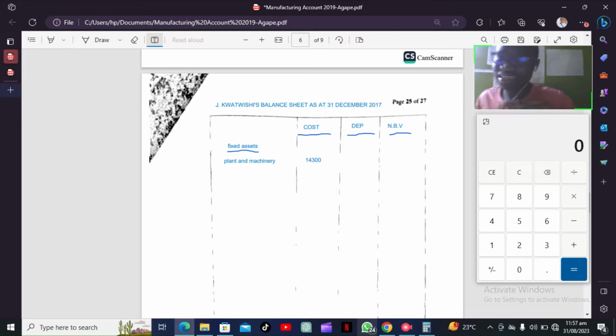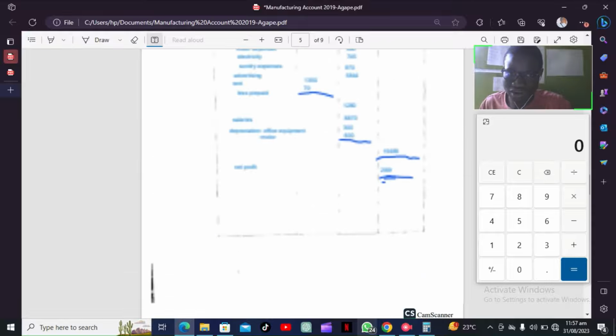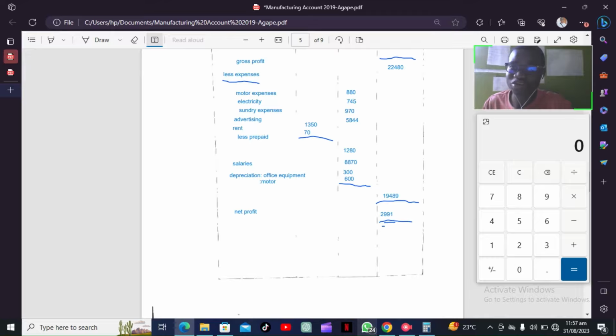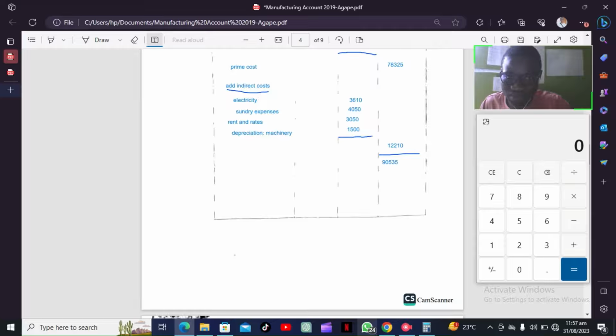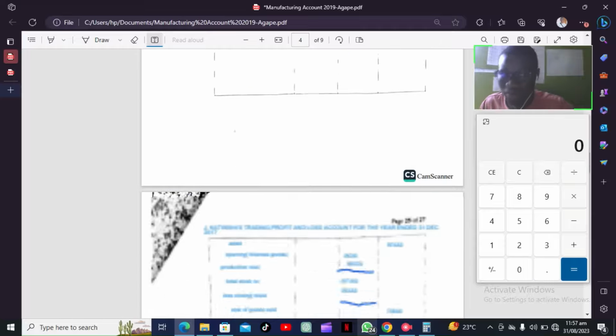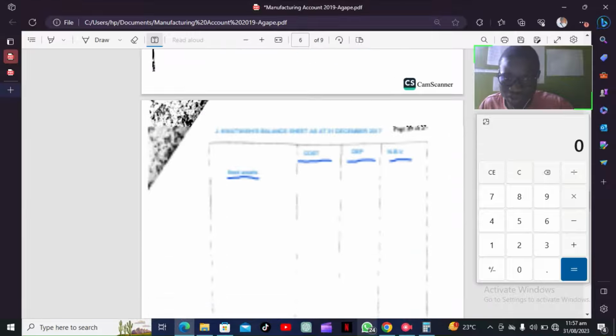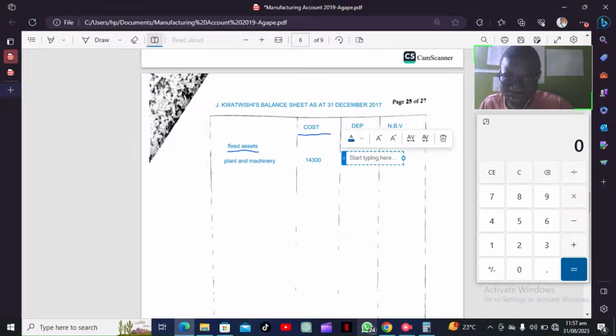Here we're going to enter the depreciation we calculated for plant and machinery. There was no previous depreciation, so we enter the depreciation we calculated here, which was 1,500 for plant and machinery.